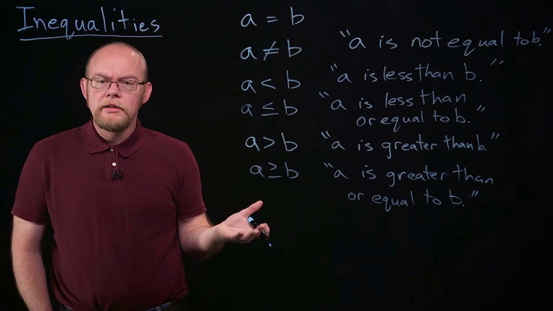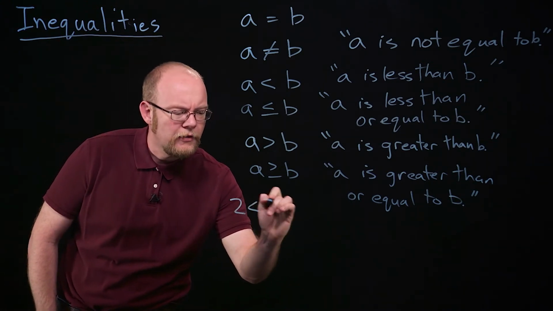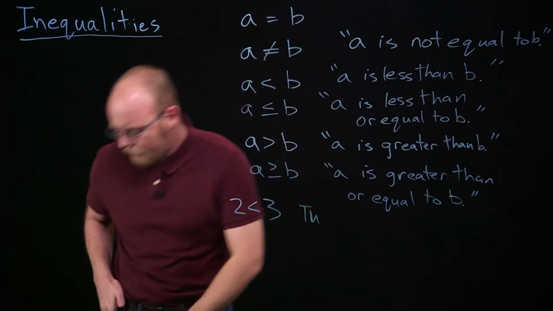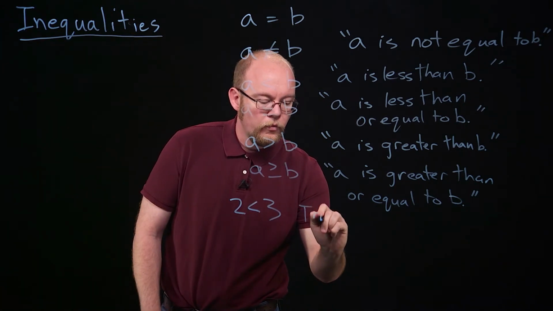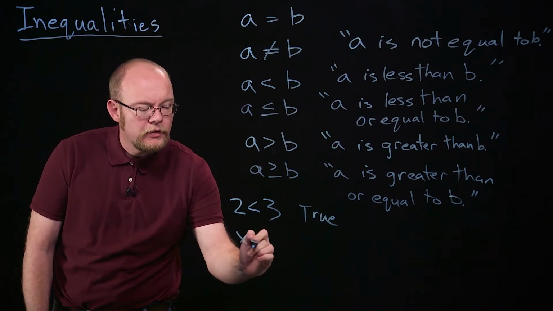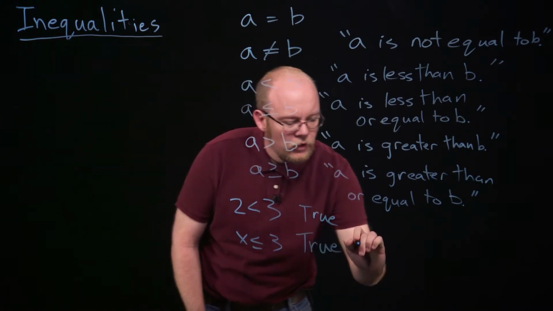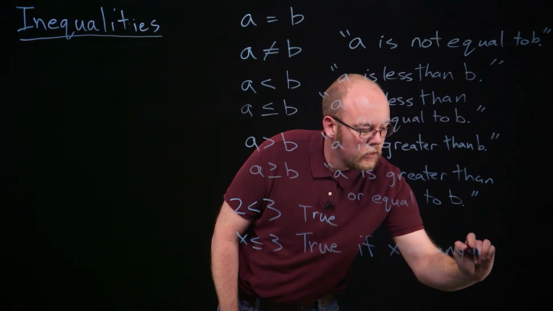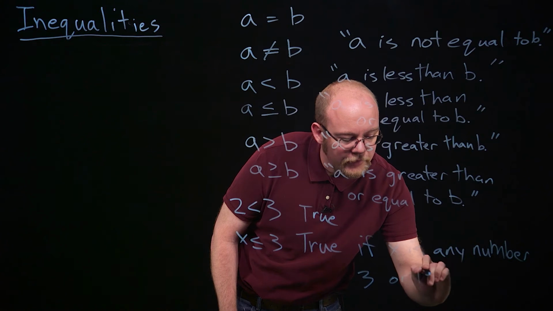All right, when we check these statements, we're asking if something is true. So for example, if I write down 2 is less than 3, this statement is true. And if we ask a question like x is less than or equal to 3, this is true if x is any number 3 or less.